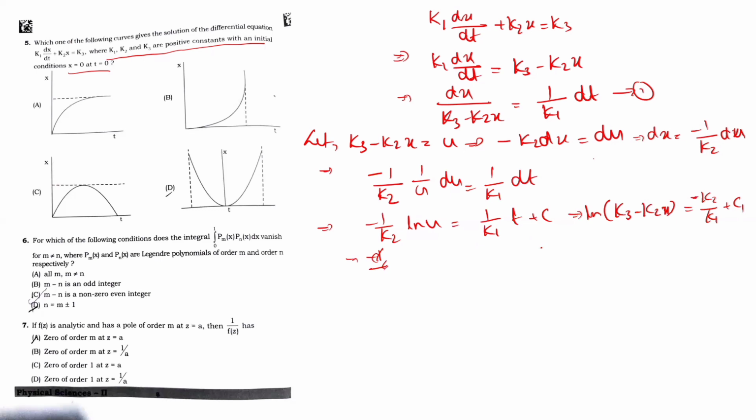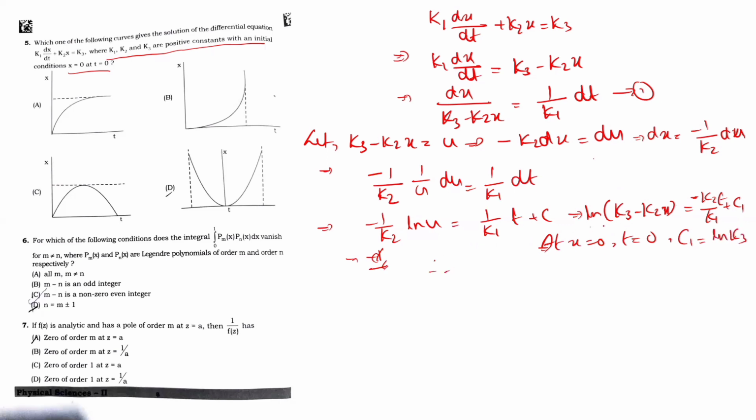So finally from here, what conclusion will you get? You have the condition at x equal to 0, t equal to 0. And this is having a t, okay, don't forget to write. So this term will be 0, this term will be 0, and you will get the constant C1 equal to ln K3.